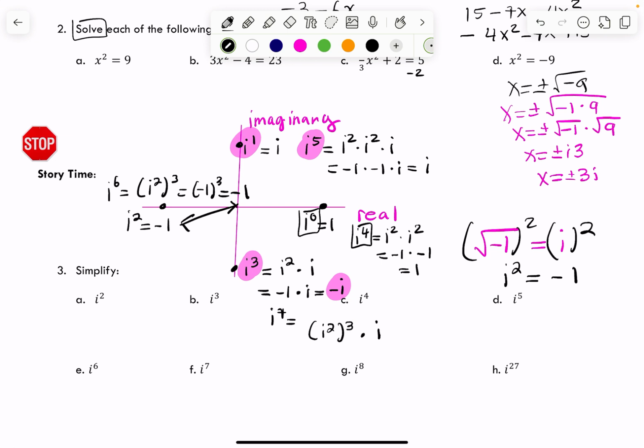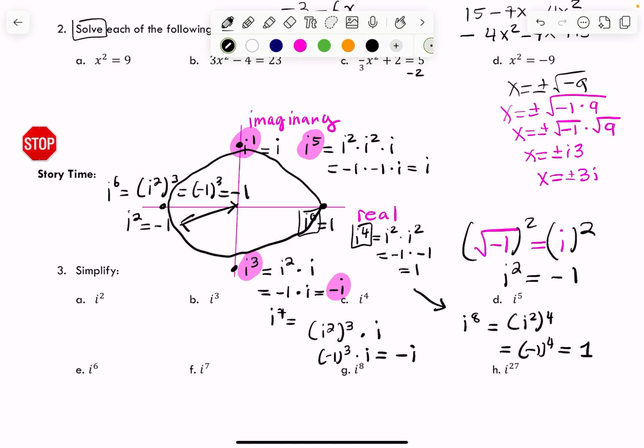So that's going to be negative 1 cubed times i, which is negative i, the same thing as i to the 3rd. And just to do it one more time, let's do i to the 8th, which is i squared to the 4th, which is negative 1 to the 4th, which is 1. So as you can see, it goes in a circle and the values repeat over and over again.